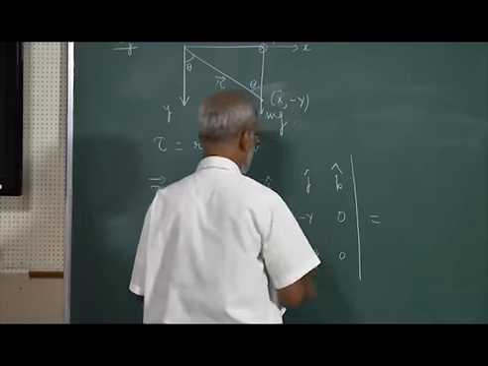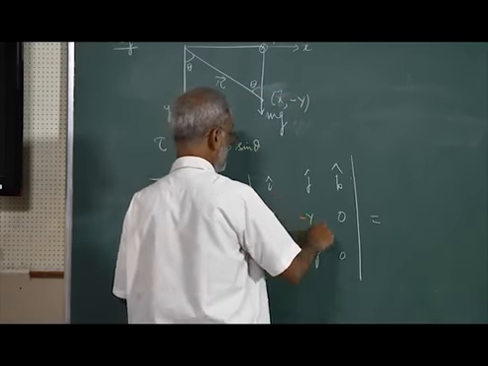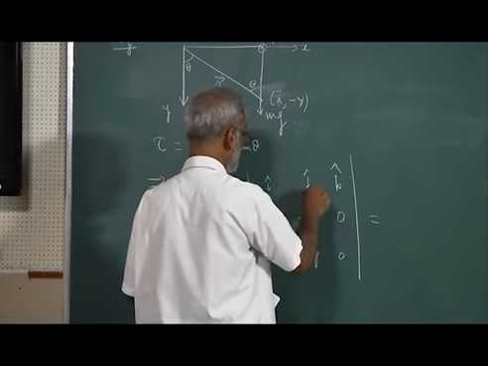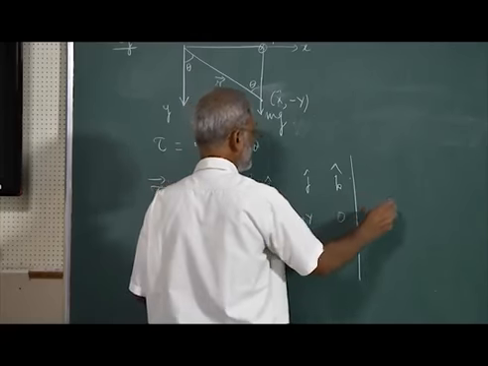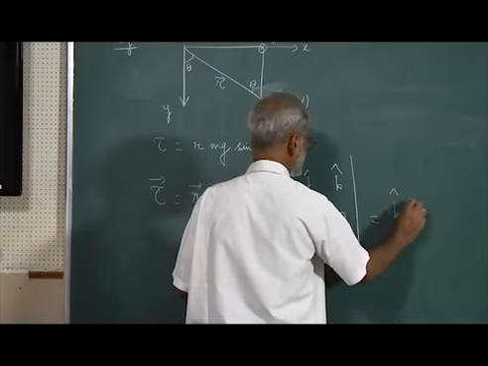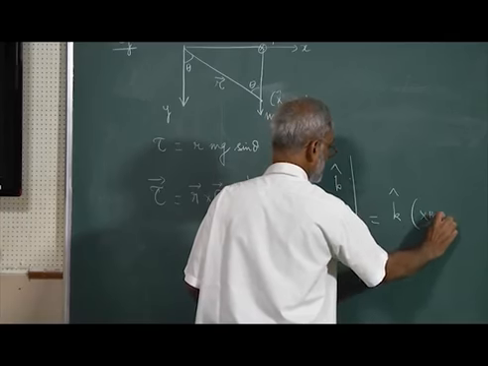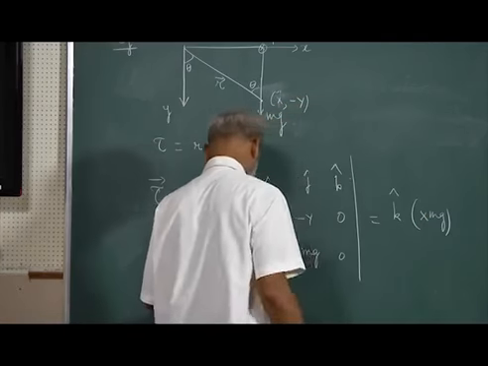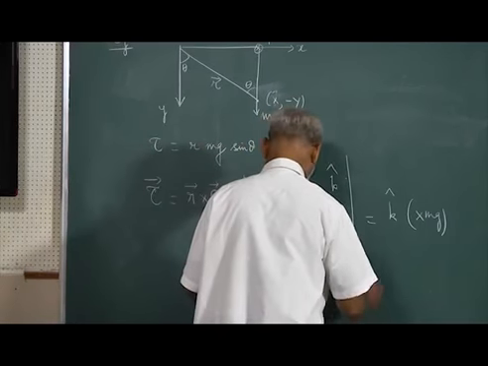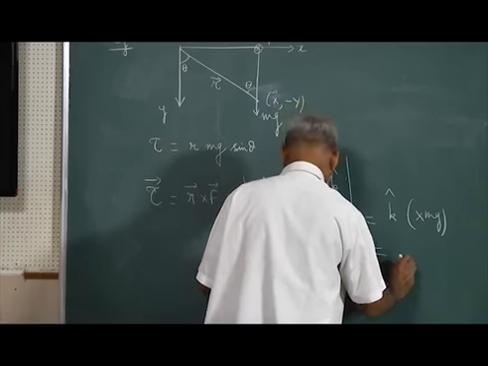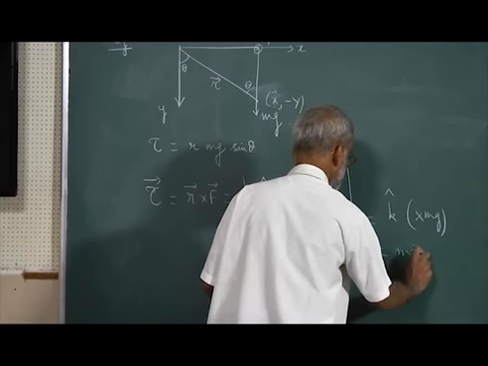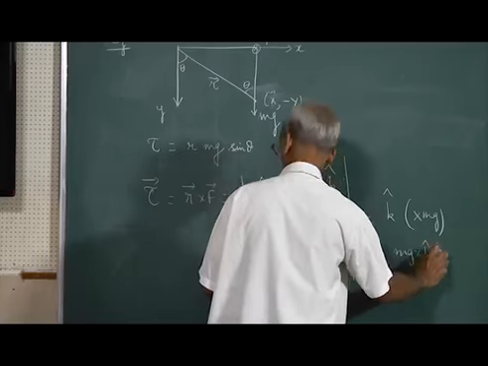So when you calculate, i into this is 0, j into this is also 0, and the only surviving thing is k into x into mg. So this is nothing but mg x into k.